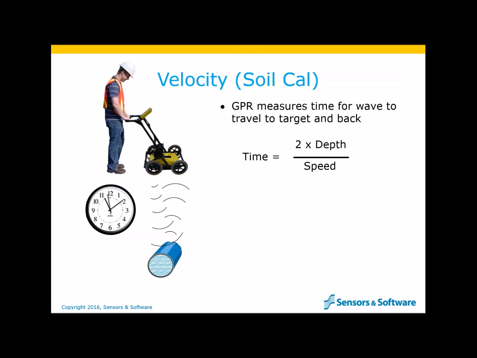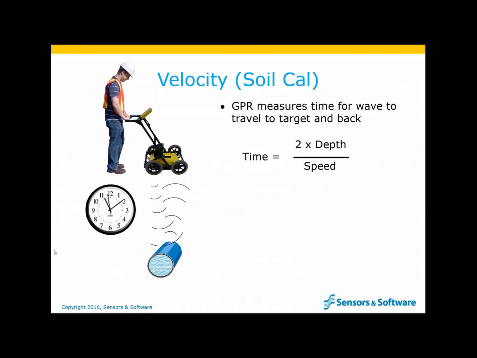A GPR system measures this time very accurately. In fact, it can measure this time to thousandths of a billionth of a second, or picoseconds. This is 10 to the minus 12 if you're mathematically inclined. This is a very accurate measurement of the travel time of the signal.